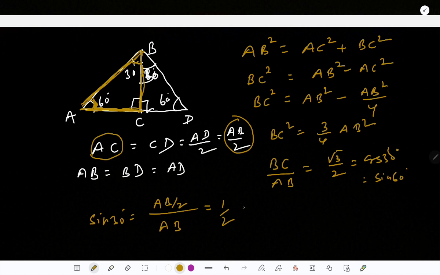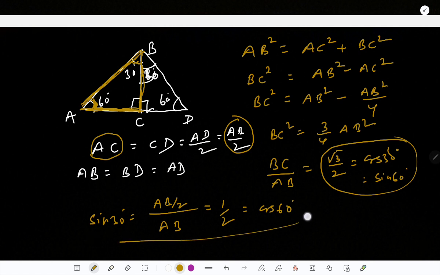So you can write it as cos 60 degree as well. So that means sine 30 degree equals cos 60 degree, and cos 30 degree is equal to sine 60 degree. They are different pairs of values, but sine 30 degree and cos 60 degree are the same and equal to 1 by 2, and cos 30 degree and sine 60 degree have the same value, equal to root 3 upon 2.